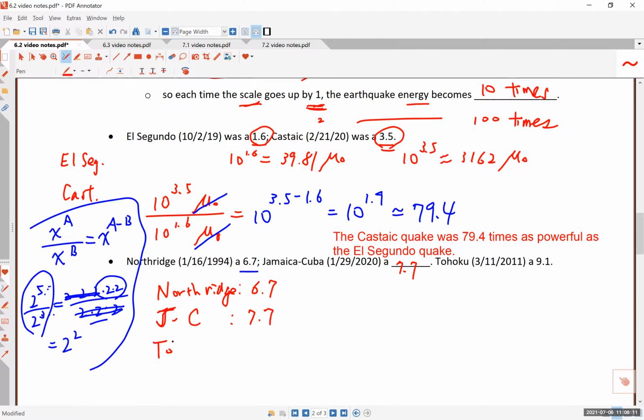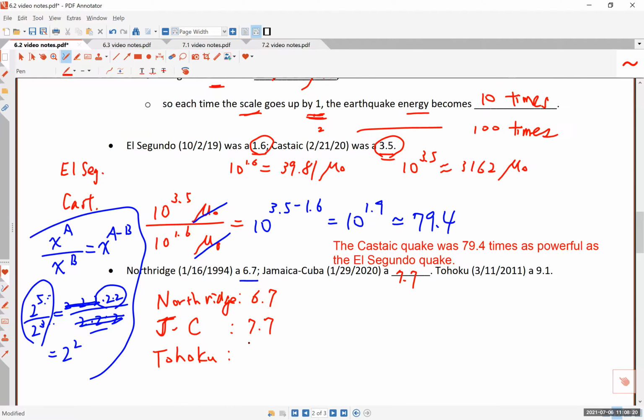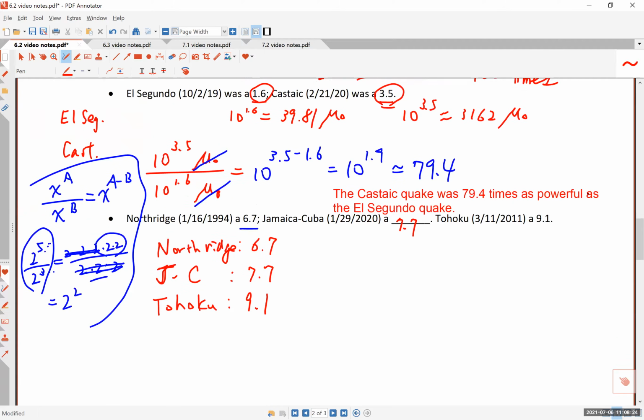Okay, and Tohoku, the one that caused the meltdown of the Fukushima Daiichi plant, was a 9.1. And the reason it's 9.1 is, again, 10 to the 9.1 is that intensity that I gave you earlier, which is like 1.26 billion.